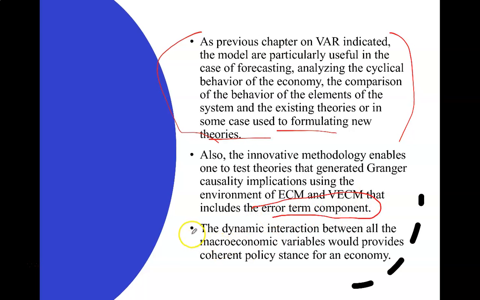Right? This dynamic relationship will certainly provide a better policy implication, a better kind of movement or interplay between the variables, and the authorities or the government will be able to know what is actually happening.